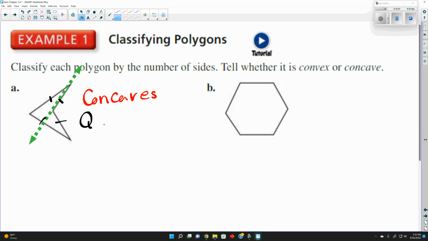So it is a quadrilateral. You can write it. Do you want it to say quadrilateral, or can we say it has 4 sides? Quadrilateral would be the name. 4 sides.